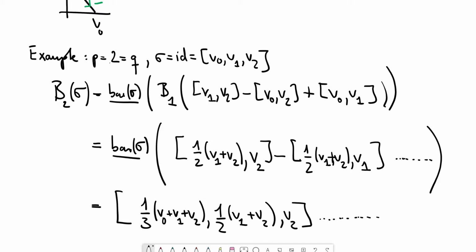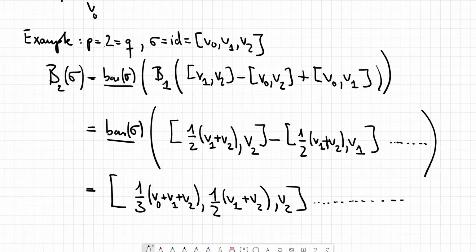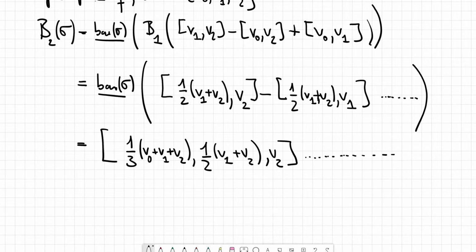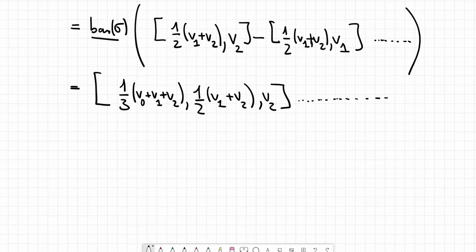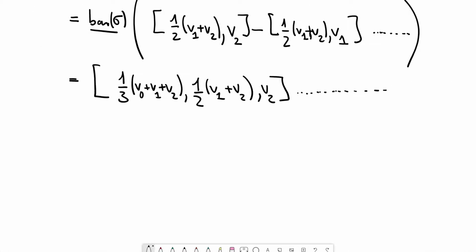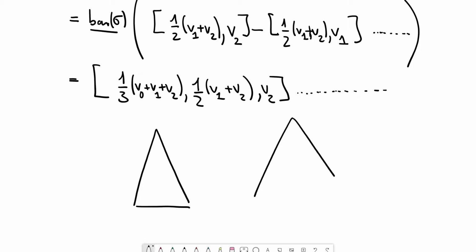And let's skip the other 5 singular simplices that we obtain. Let's just look at the picture now. What is that simplex? So the 6 simplices that we get, we had this, maybe a bit bigger. So I'm just drawing a standard 2 simplex now.